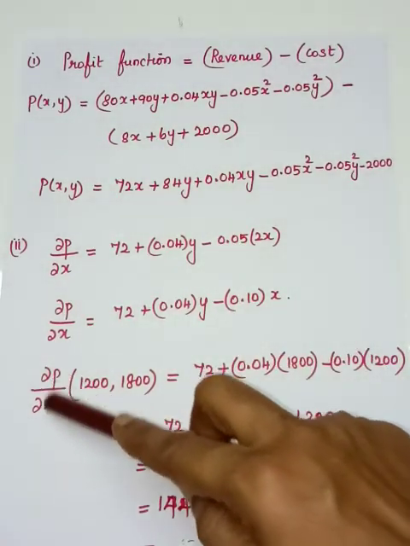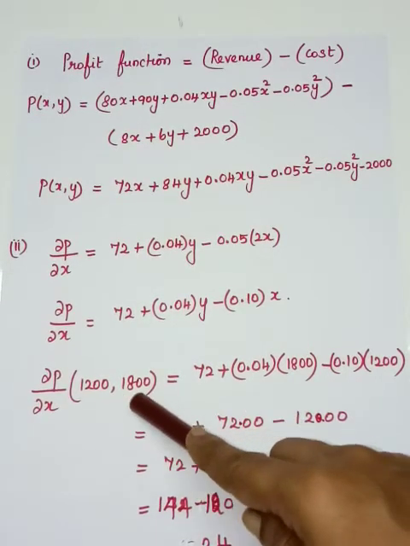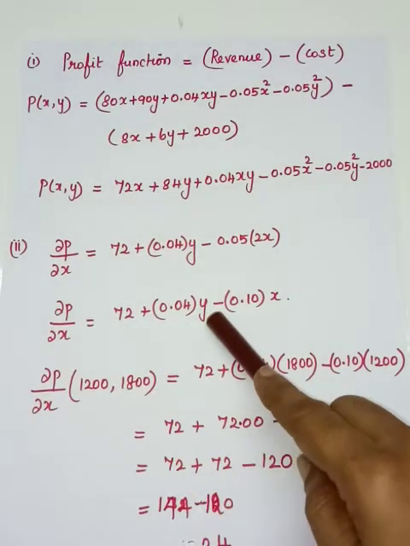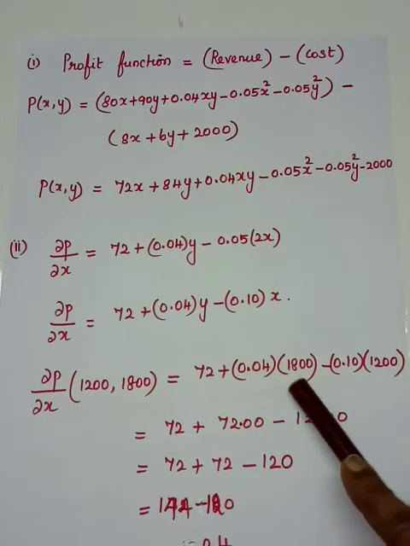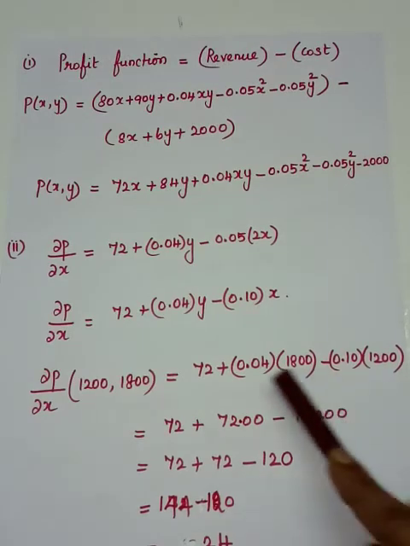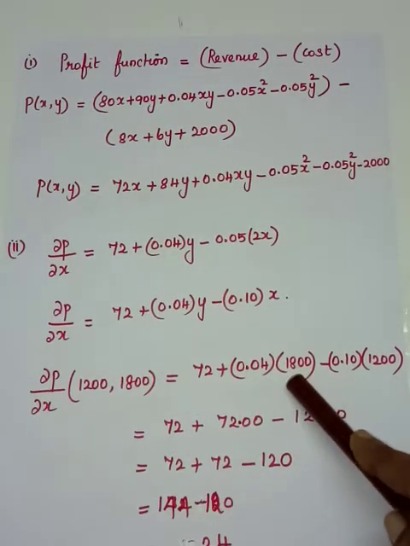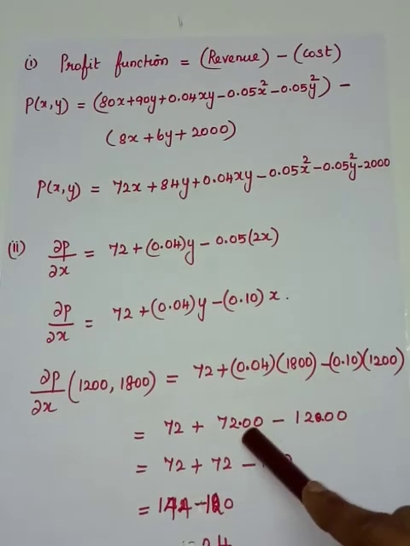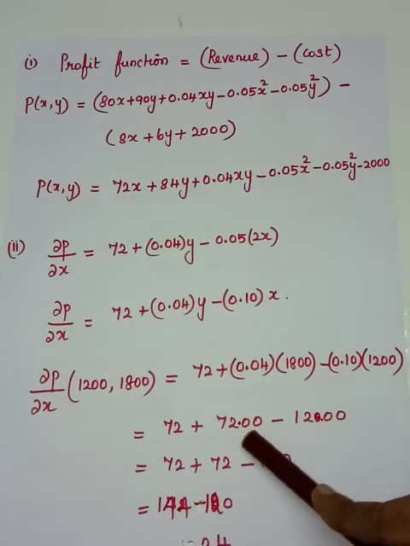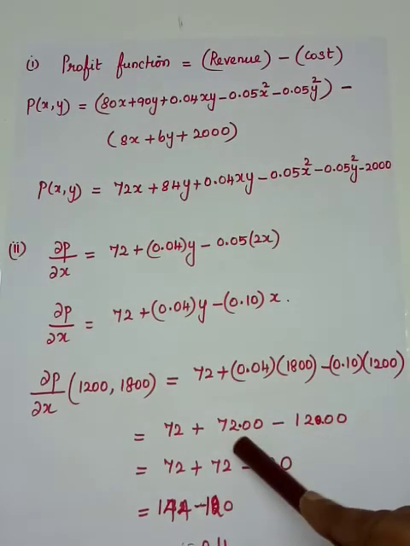So now dou p by dou x also involves x and y. Here dou p by dou x has to be found when x is equal to 1200 and y is equal to 1800. So in the place of y, 1800 is substituted, and in the place of x, 1200 is substituted. So it is 72. 4 18s is 72. Here 2 zeros are there, I have added 2 zeros, and here 2 decimal places, so it is 72.